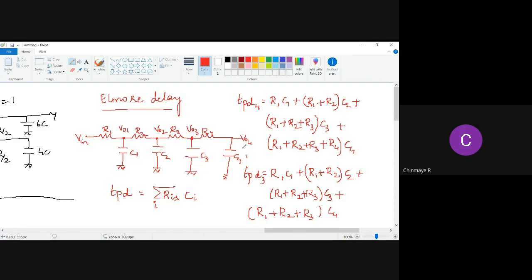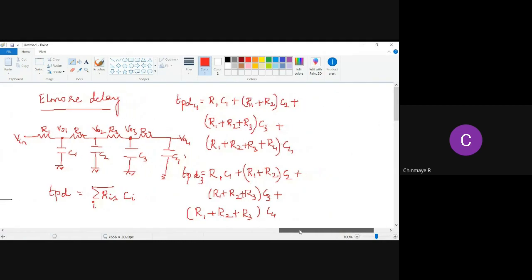But you should be able to choose what resistors you should include in TPD while calculating the delay. So you should only include those resistors that are in the path from input to output and are shared. Now, I want you to calculate TPD2 and TPD1 so that you become more clear.